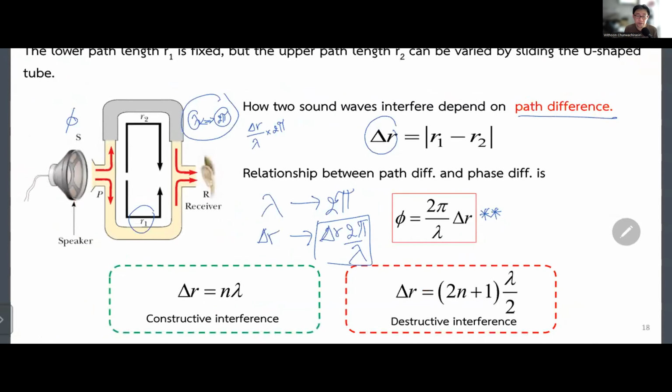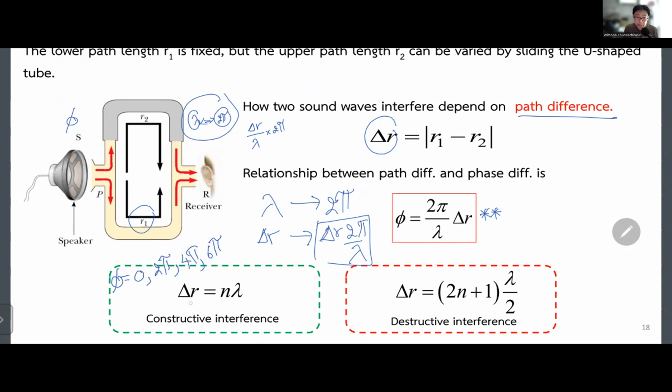The constructive interference that we were talking about before was just given when phi is equal to 0, right? However, if you turn the wave one more cycle, nothing changes. Everything will look exactly the same. Or you can do 4 pi, or you can do 6 pi. They all will give you constructive interference.